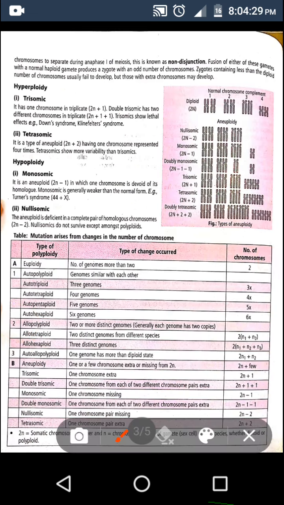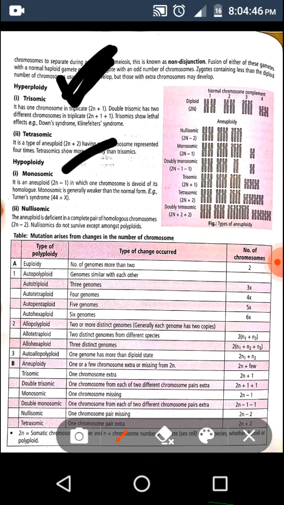We should know the difference between them. Hyper means more, or addition of chromosomes. Hypo means there is a loss of one or more chromosomes from the set of chromosomes.